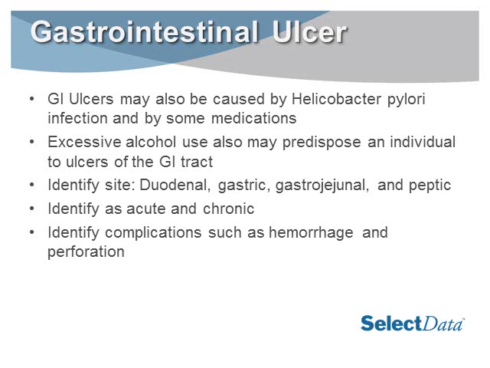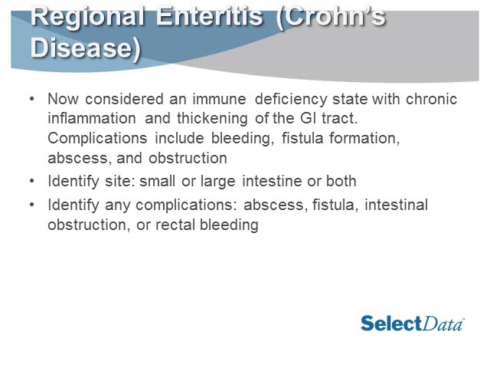If you have a patient with a gastrointestinal ulcer, GI ulcers may be caused by Helicobacter pylori infection and by some medications. Excessive alcohol use also predisposes individuals to ulcers of the GI tract. You must now identify the site, whether it's duodenal, gastric, gastrojejunal, and peptic, identify it as chronic or acute, and identify any complications present, such as hemorrhage or perforation.